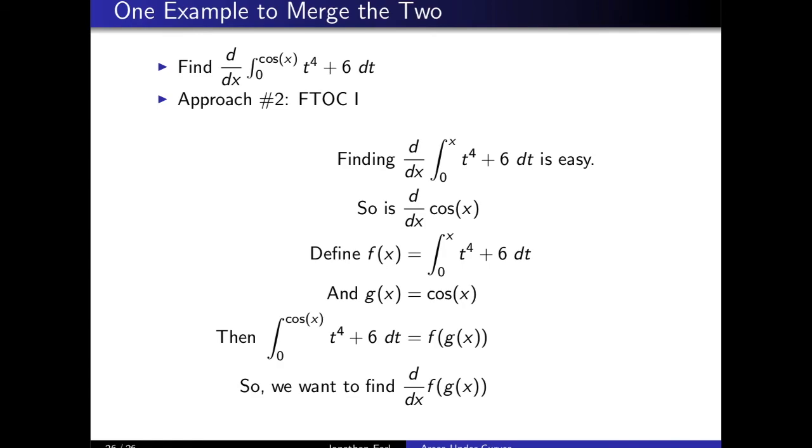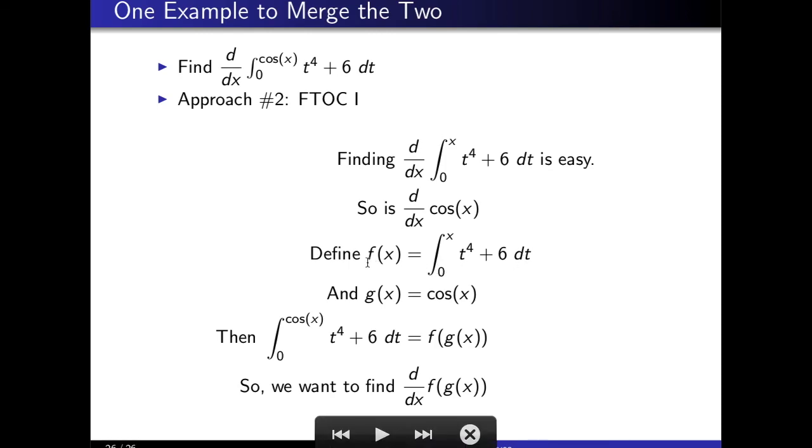Another way to put it is that this expression for the area is saying you're going to sum up an infinite number of rectangles with height t to the 4 plus 6 and width dt. So the dt represents the width of your rectangles. If you didn't include that, it would say you're summing up the areas of rectangles that have no width. So just for good notation, make sure you include the dt or the dx or whatever you're integrating over.